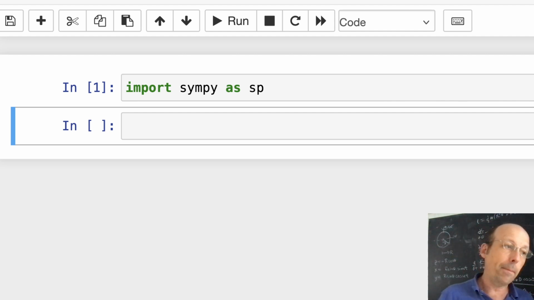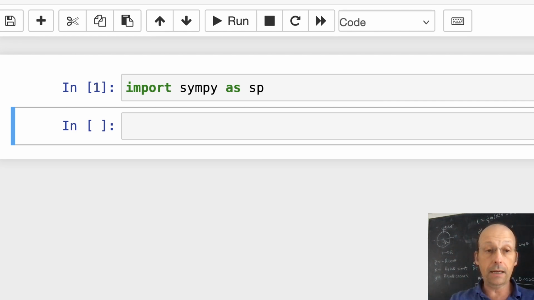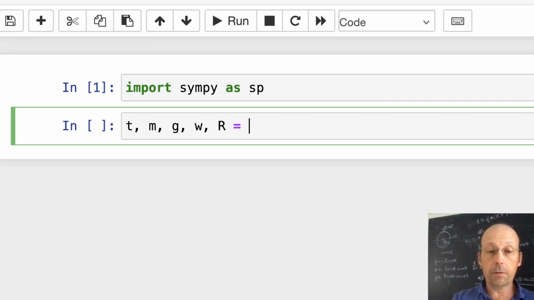Okay, so I've already imported SymPy. What I need to do now is declare my variables as symbols. I'm using Jupyter Notebooks. t, m, g, omega, r. Those are the variables that are just variables. I want those in my solution, and so those are going to be symbols, sp.symbols, and then I can say what they look like.